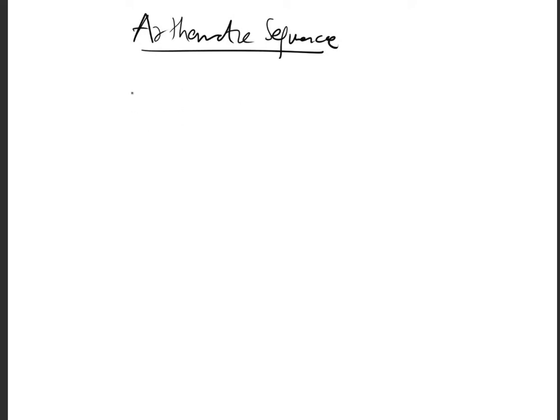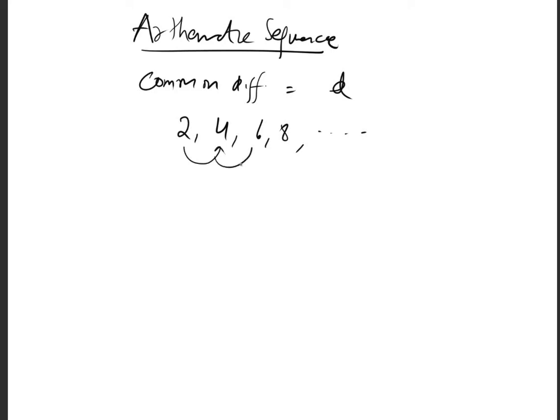So arithmetic sequence has something called a common difference. Common difference is d. If I write a sequence as 2, 4, 6, 8, and so on, you see the difference between two consecutive terms is positive 2 across.